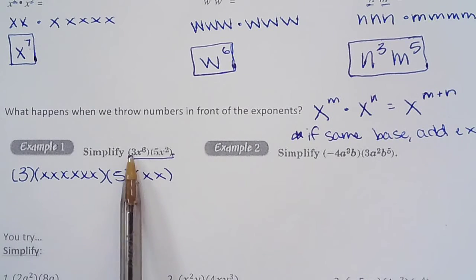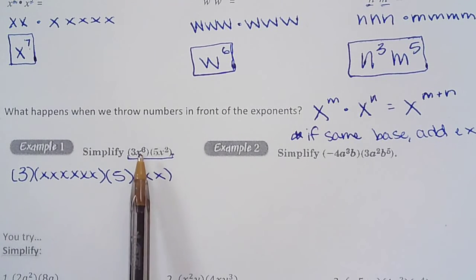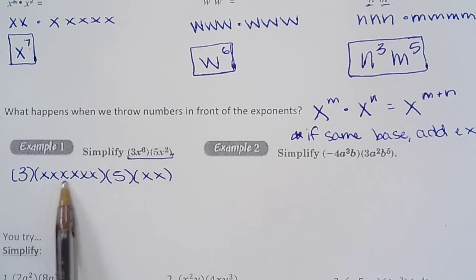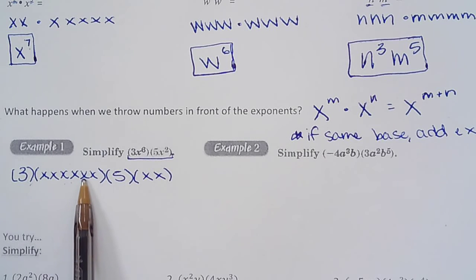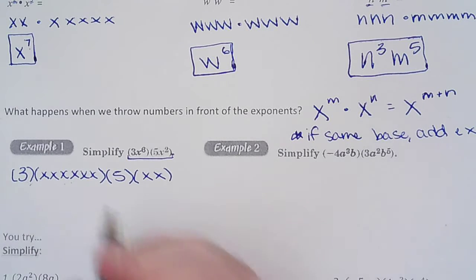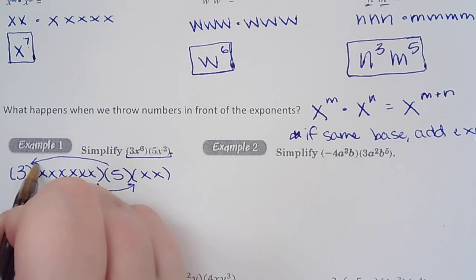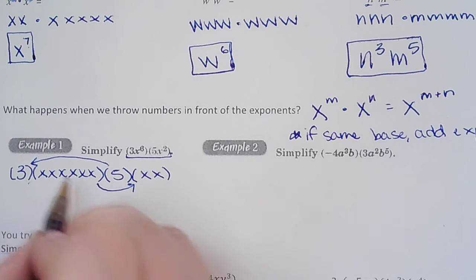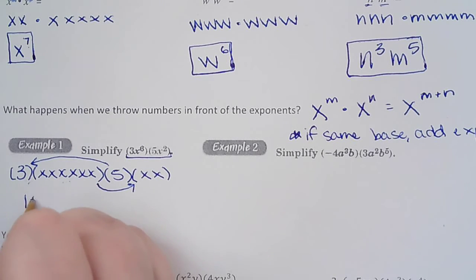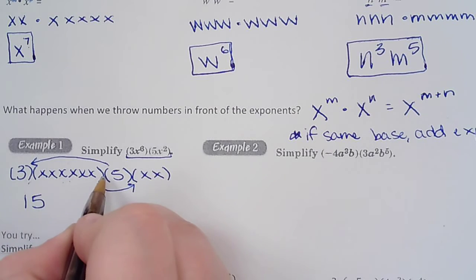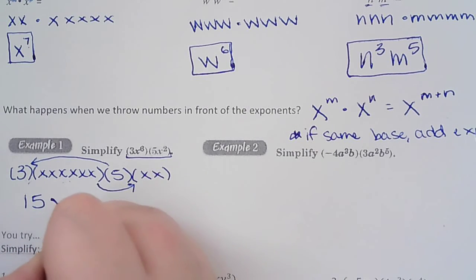For example, 3x to the 6th could be the same as x to the 6 times 3. So if I moved these two, it wouldn't change the problem. And that's actually what I'm going to do: I'm going to move the x's to be together, and I'm going to move the numbers to be together. So 3 times 5 is 15, and 6 x's times 2 x's is going to be 8 total x's.